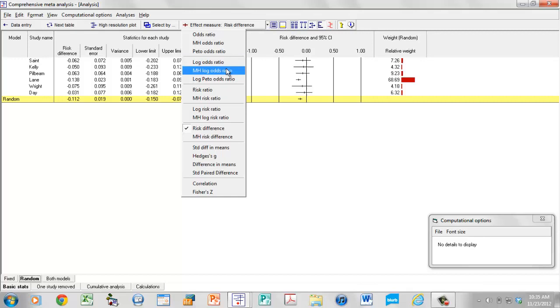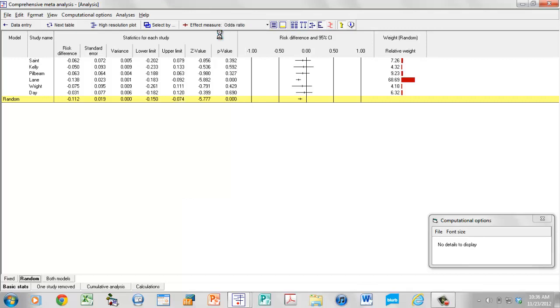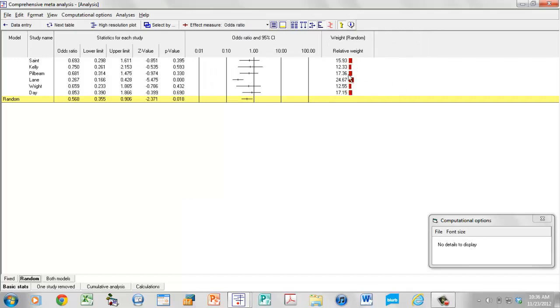That is not necessarily going to be a general rule, but it does apply in this particular case, and it helps if you're trying to figure out why you're getting a different effect in one metric as opposed to another one, to be able to see how the weights are shifted as you move from one to the next. In any event, I'm going to move back to the odds ratio, which is the example that we used in the book.